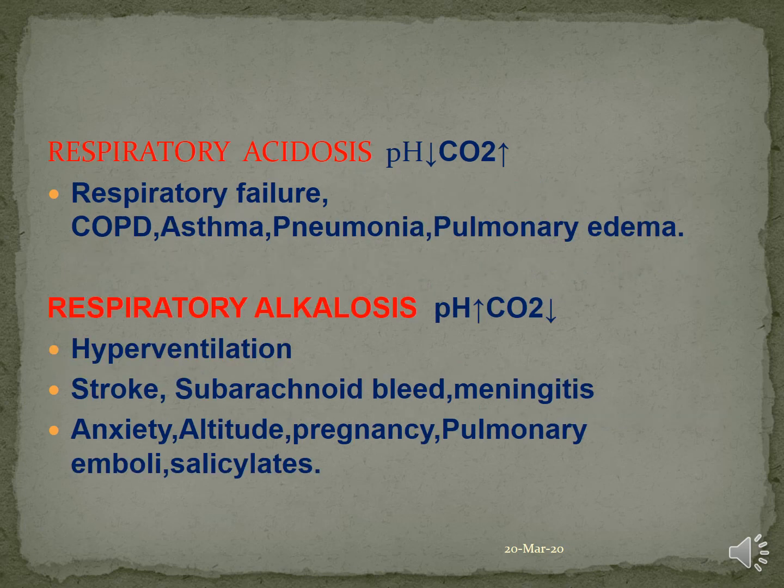On the other hand, respiratory acidosis is a manifestation of respiratory failure, which is because of the increased carbon dioxide level. The pH drops down, that is, it becomes acidic.